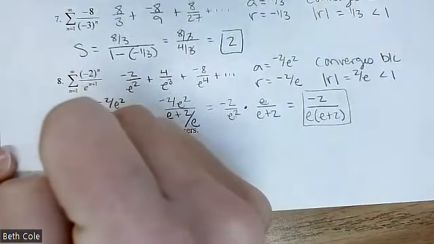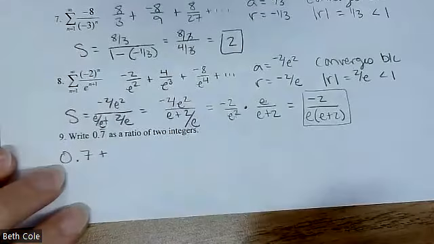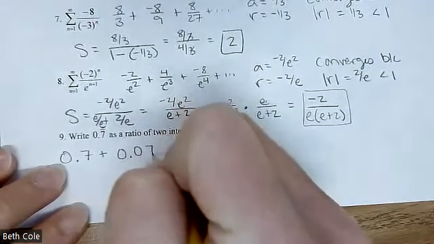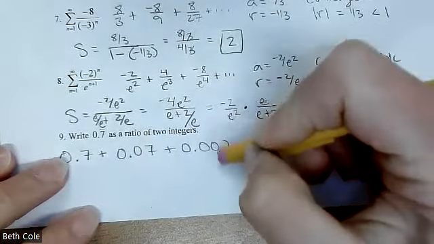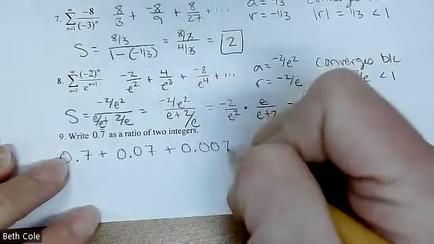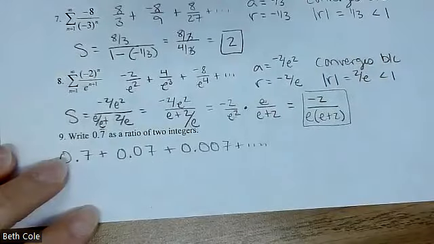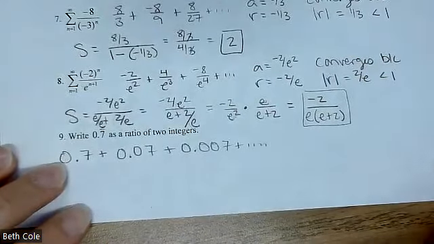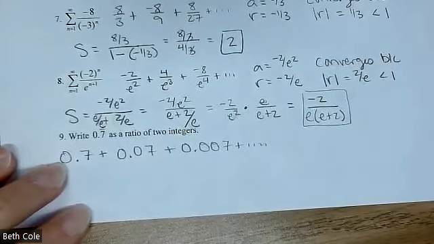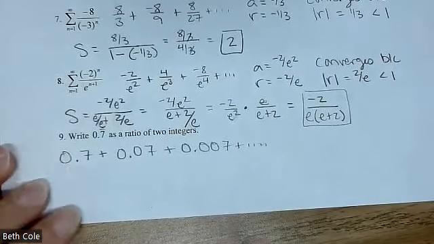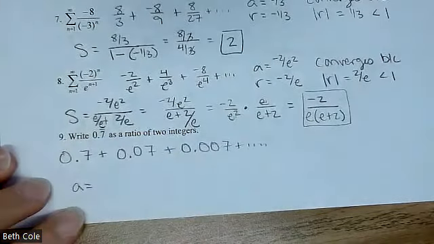It would be 0.7 plus 0.07 plus 0.007 plus forever. Are you getting what I'm saying there? If you added all these up forever, it would be 0.777777777. It's cool.